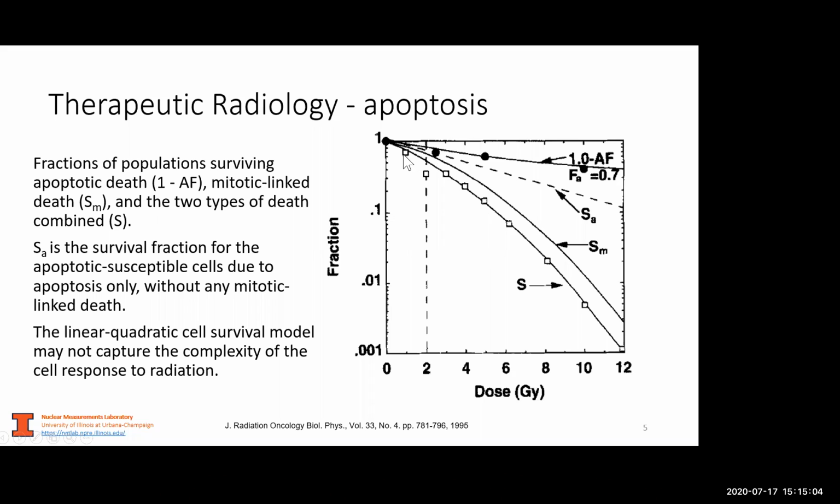This curve is an experimentally derived curve, and therefore it carries all the complexity of the biology and the interaction of the ionizing radiation with the tissue. However, it's usually modeled through a relatively simple linear quadratic model.